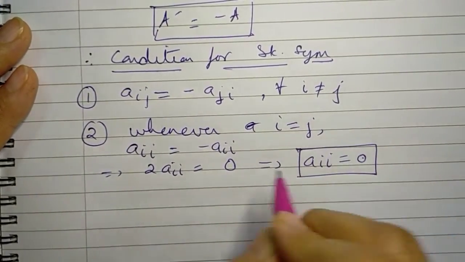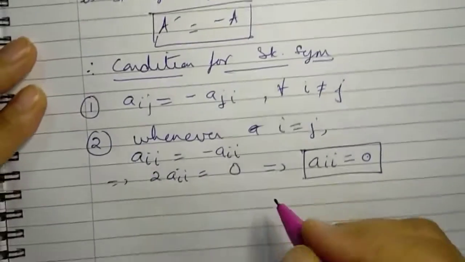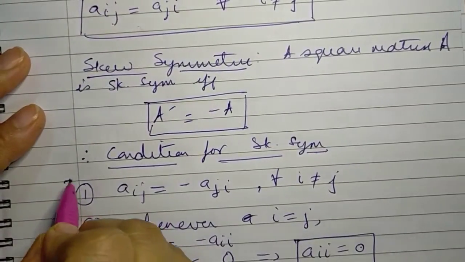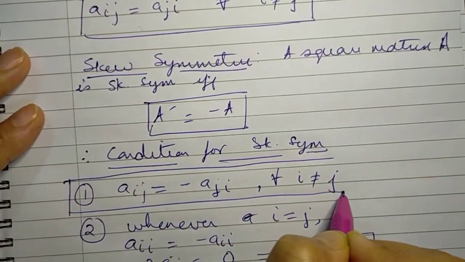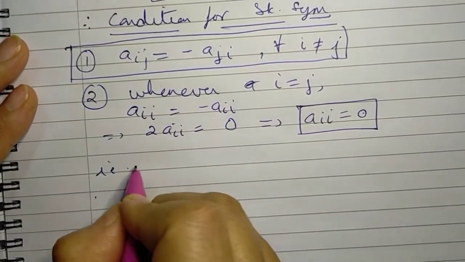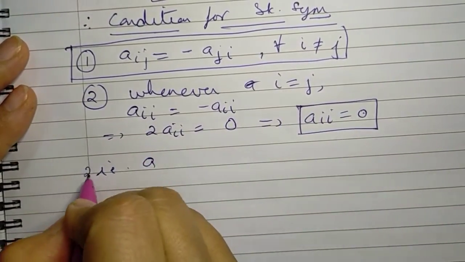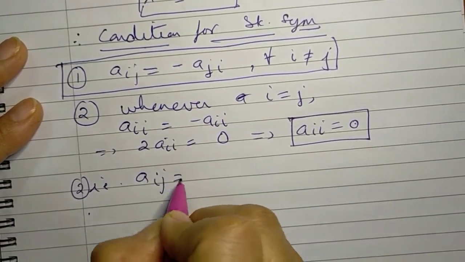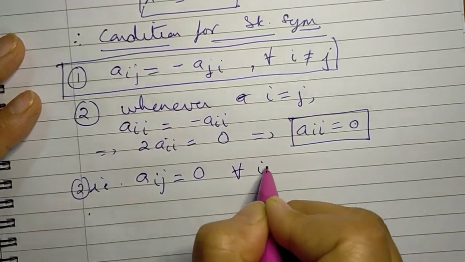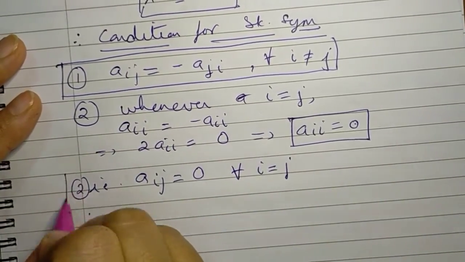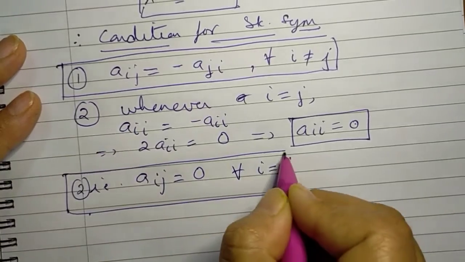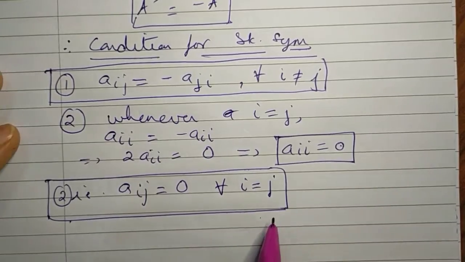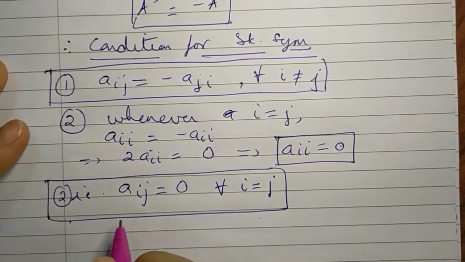That is, every element in the principal diagonal should be 0. So the first condition is this, and the second condition will be Aij equal to 0 for all i equal to j. Whenever the element belongs to the principal diagonal, it should be 0.